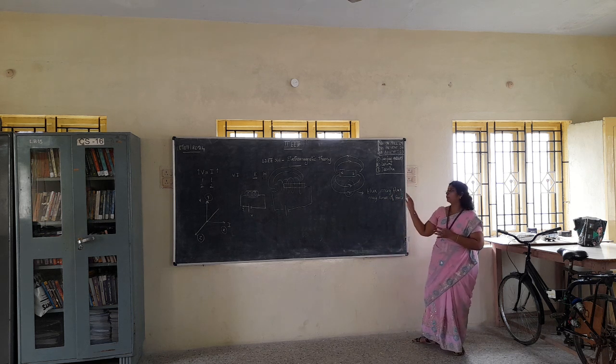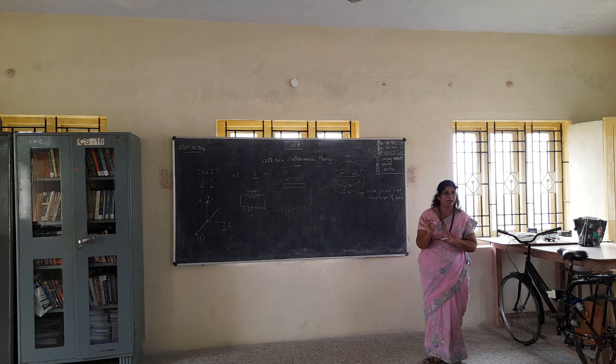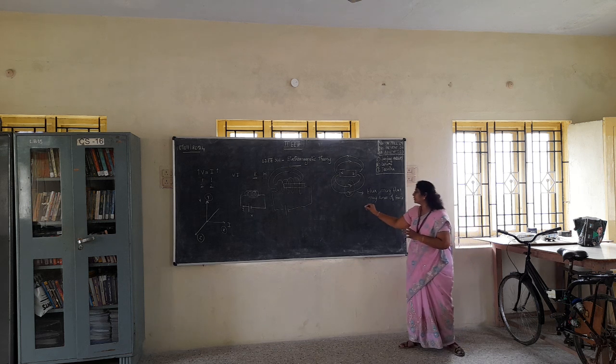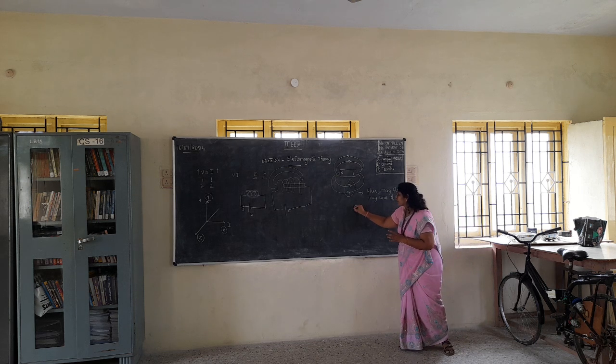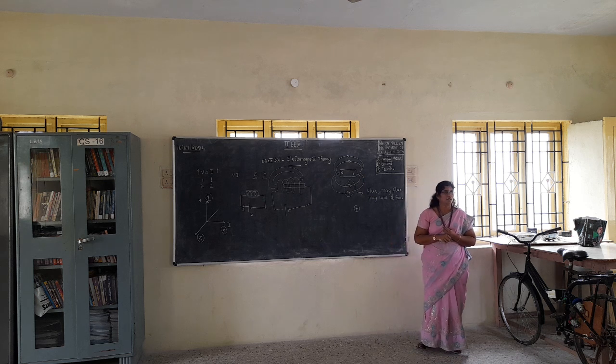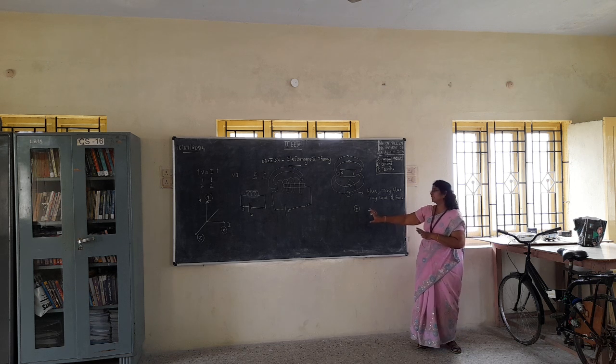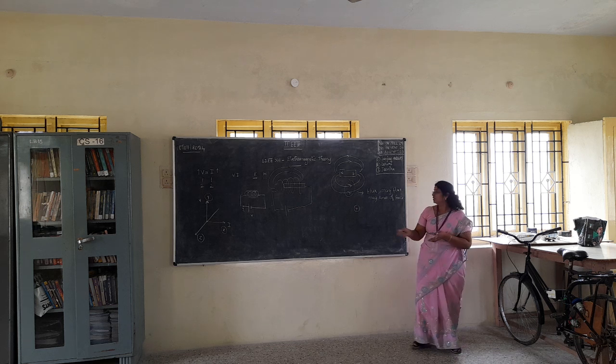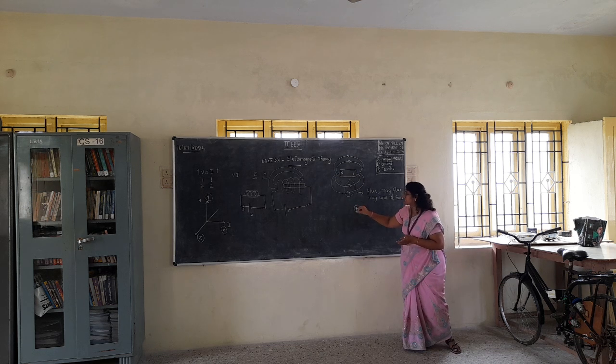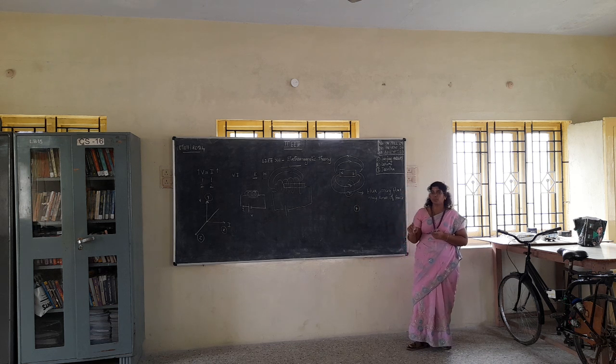Okay? So now I am placing a magnet. Instead of that, if I am taking a charge, that charge particle can be in rest position or in movable position. Initially it is in rest position. So in this I am placing a positive charge. So it is a positive charge.